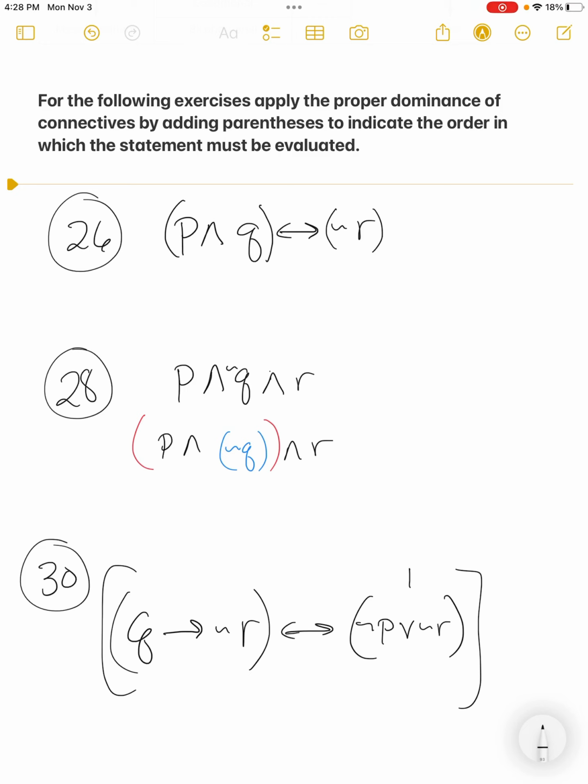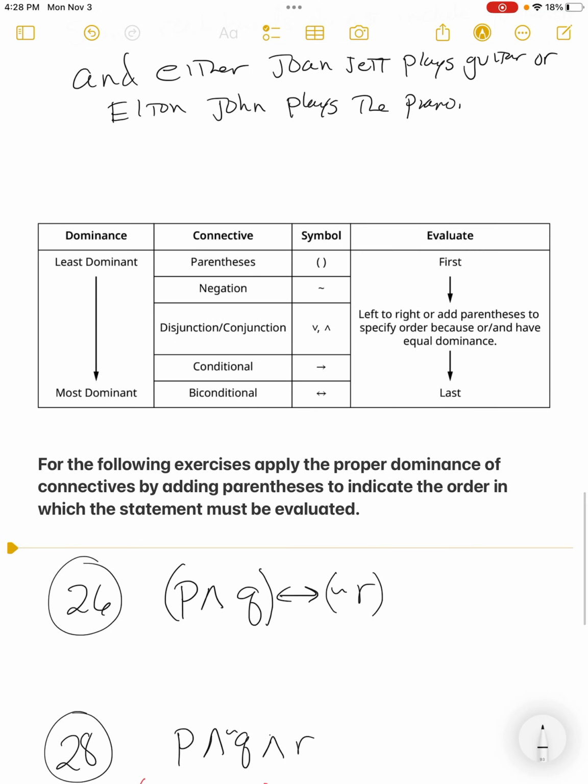I'm not sure they do all of that, but it would be in that order. We would do this first, this second, this third, right? And I guess even prior to those, we would do all the negations first. But I'm not sure they're looking for those embedded parentheses. It really just is to get you aware of the fact that there is a dominance in those.